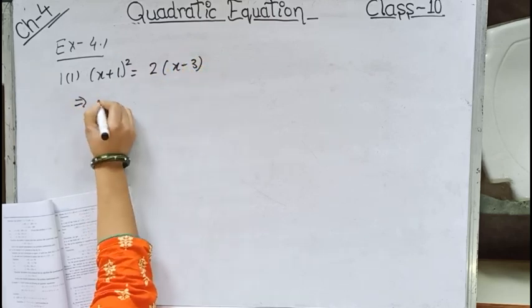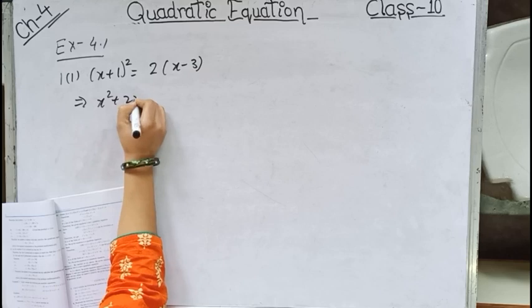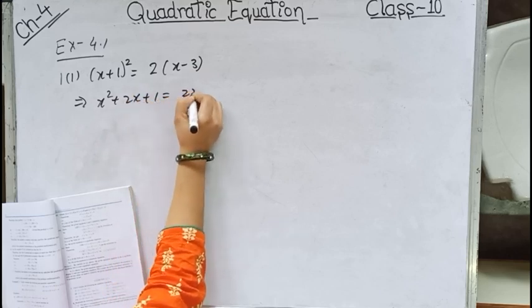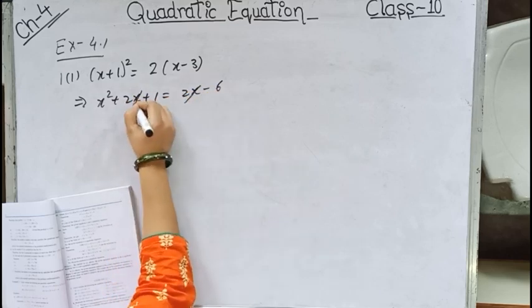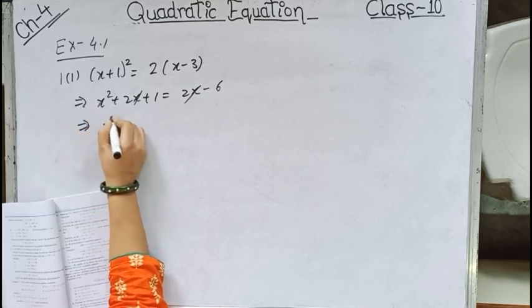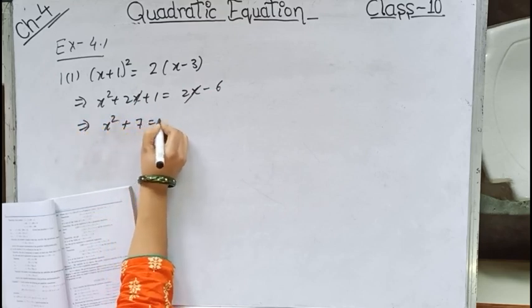Now if I solve it over here, this will be x square plus 2x plus 1 equals to 2x minus 6. Now this 2x will be cancelled, so we will be getting x square plus 7 equals to 0.